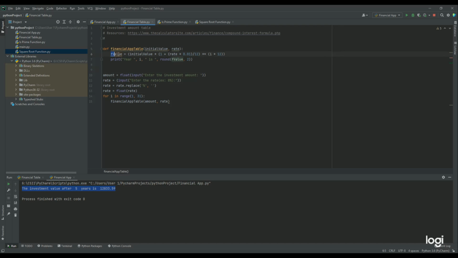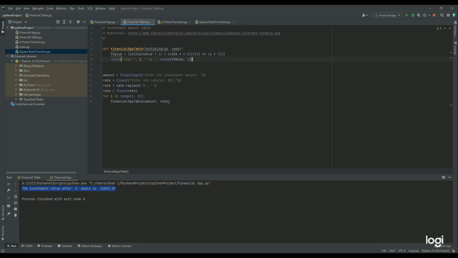So I have a variable that I assign the function that I will be using. It's almost the same one as I used previously. I just changed a couple of things. Since the rate was not given to us in decimal form, I inserted this rate times 0.01 to convert it to a decimal. Instead of years, I put i because I will be using a for loop in order to get the years from 1 to 31.